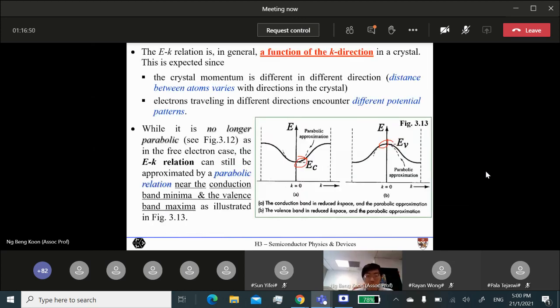So a lot of times we can approximate this E-k relation as just parabolic, especially since in most cases the electron would be around the conduction band edge, unless of course you accelerate the electrons to very high energy, and then they could go a lot higher up. But in most applications, they tend to stay around this region, which means we can assume an approximate parabolic relation between the energy and momentum in the crystal. That's a point you can take note of.